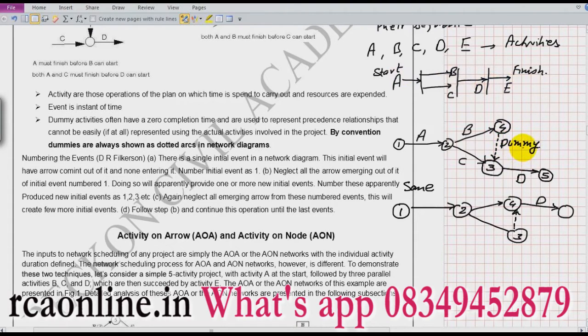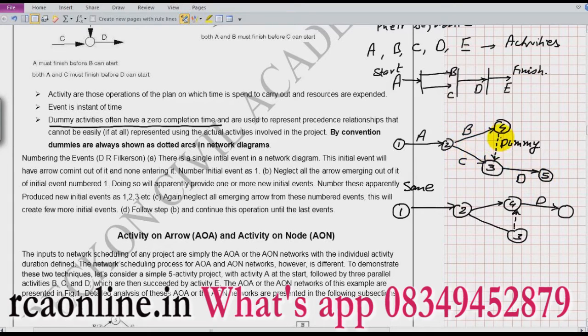What is a dummy activity? Dummy activities are activities which consume no resources and no time also. Here I have written: dummy activities have zero completion time and they are just used to show the interdependency. So I have to show that D is only possible to start when B and C both are completed.